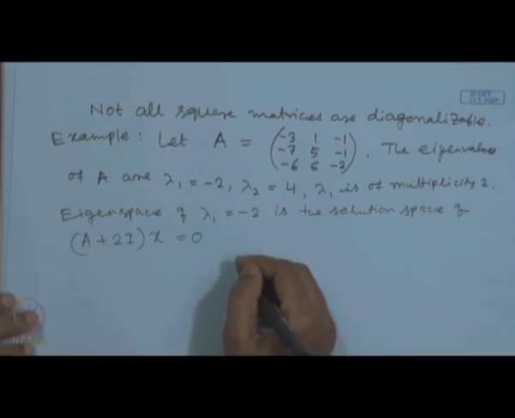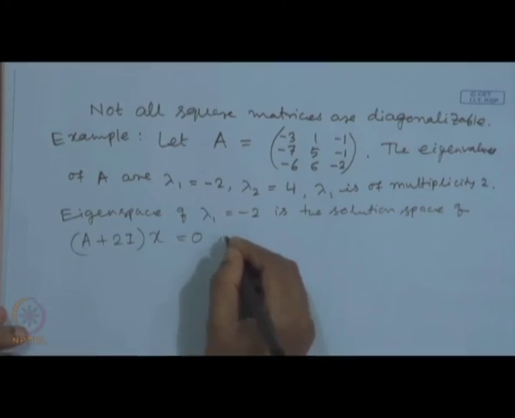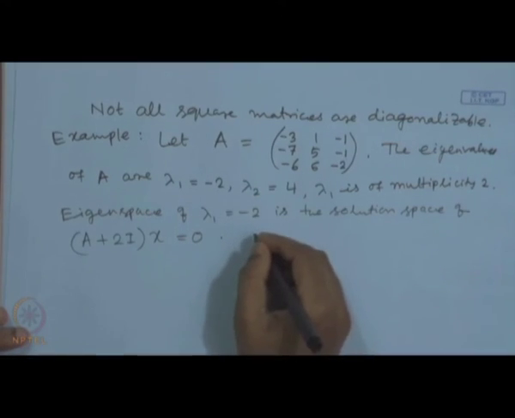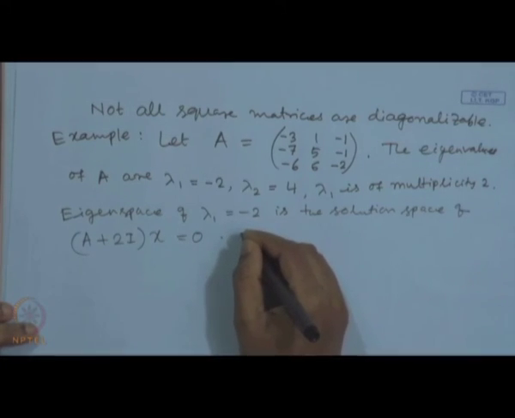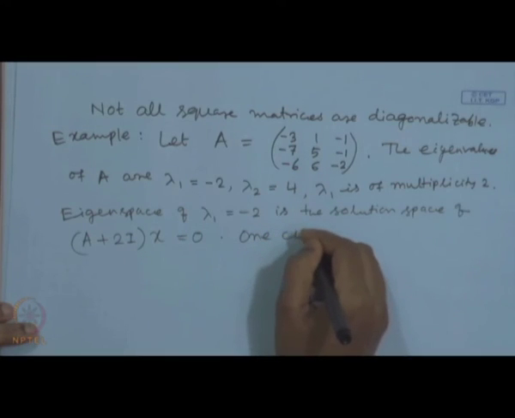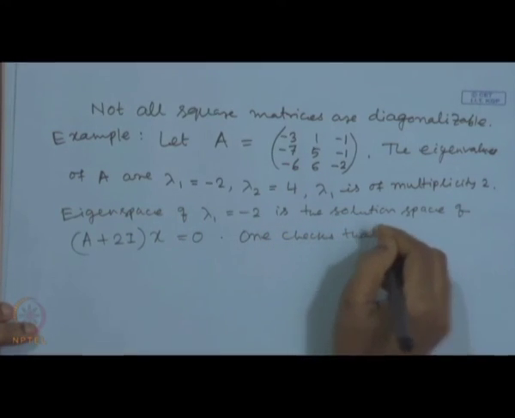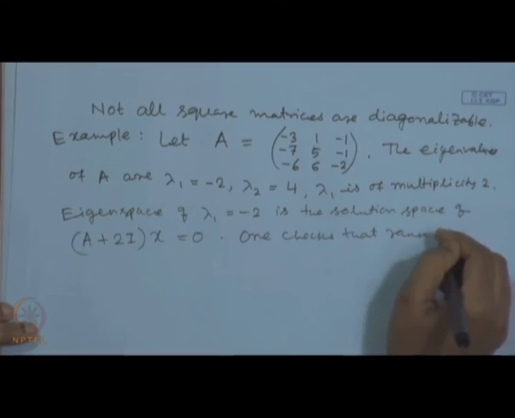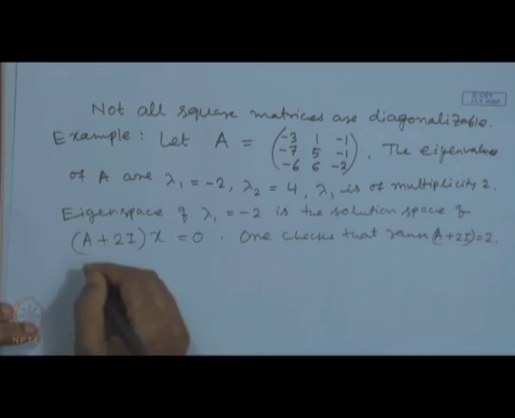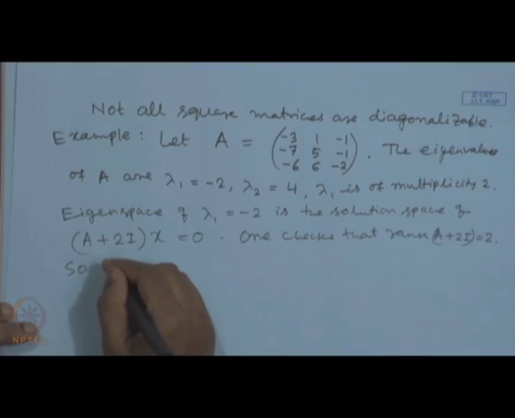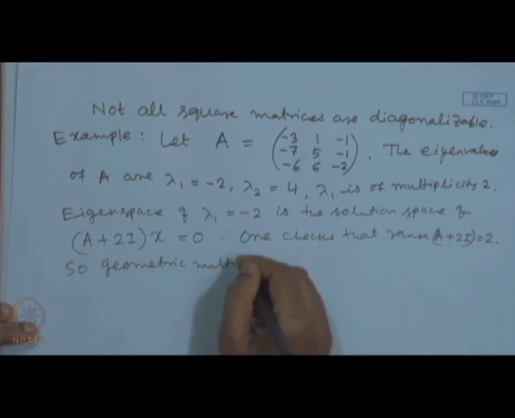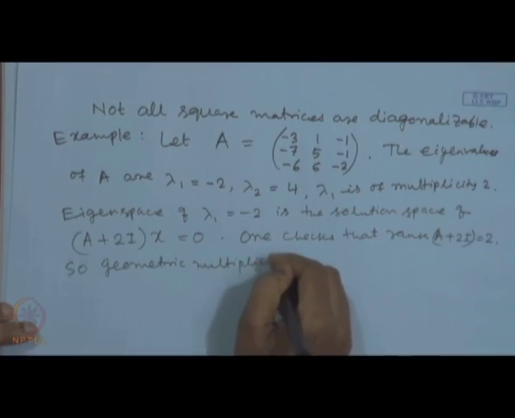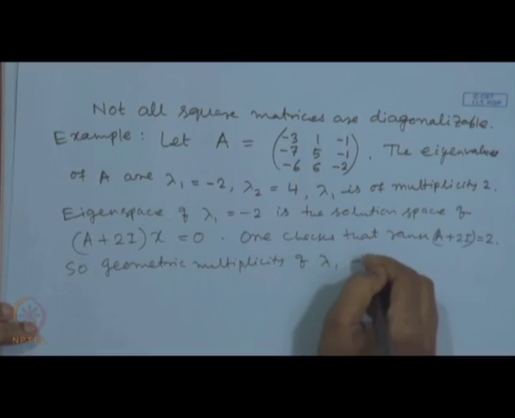One checks that the rank of A plus twice I is equal to 2. So the geometric multiplicity of lambda 1 is 1.